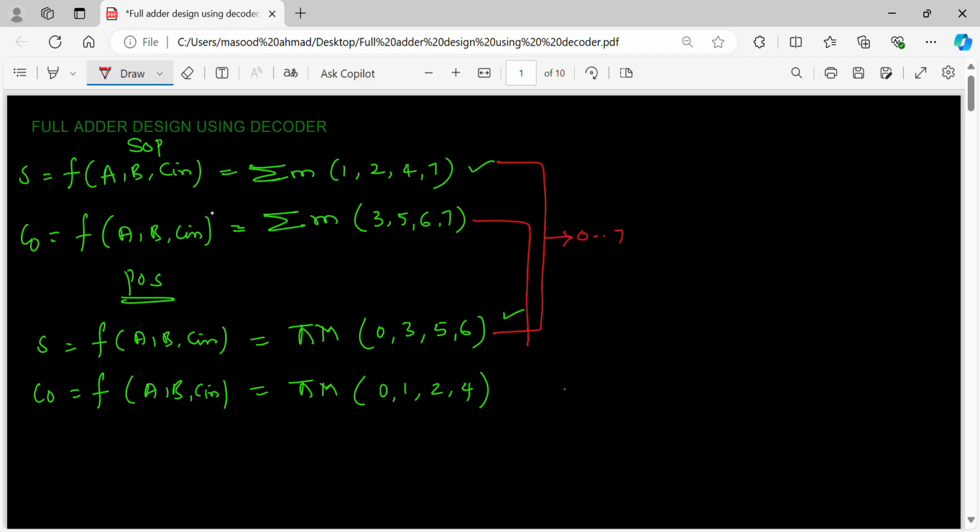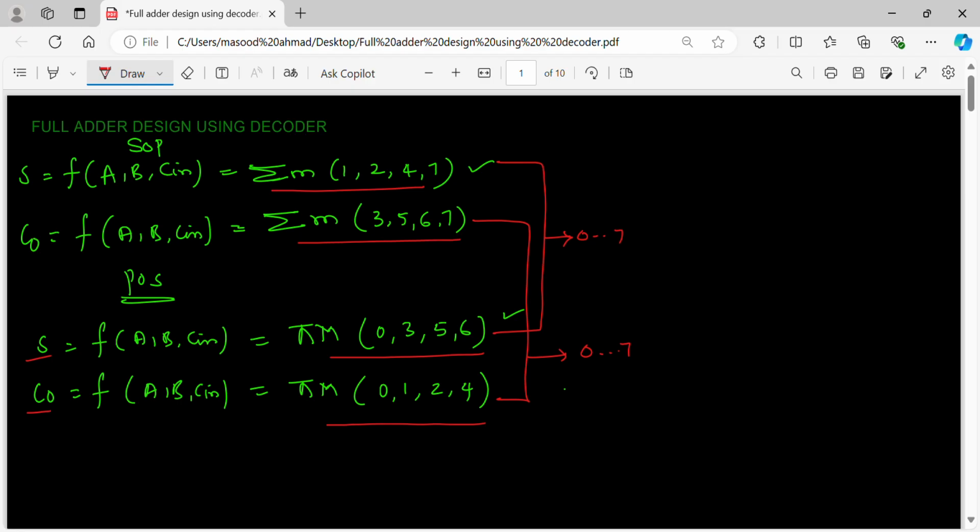For all minterms 0 to 7, because we are expressing the sum and carry: here it is maxterms, here it is minterms. For which minterms it is 1, for which maxterms it is 0.